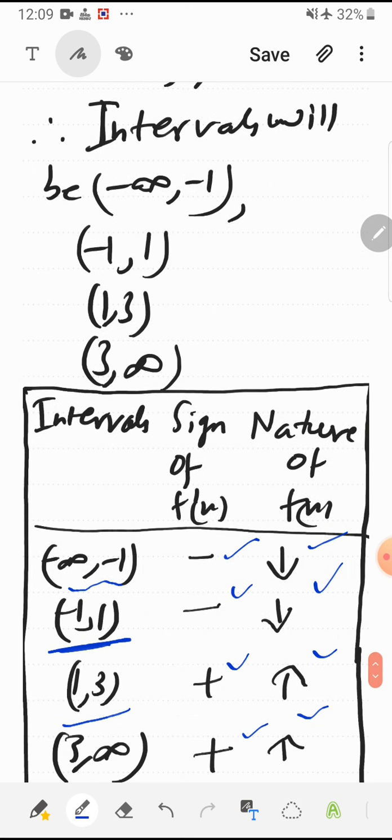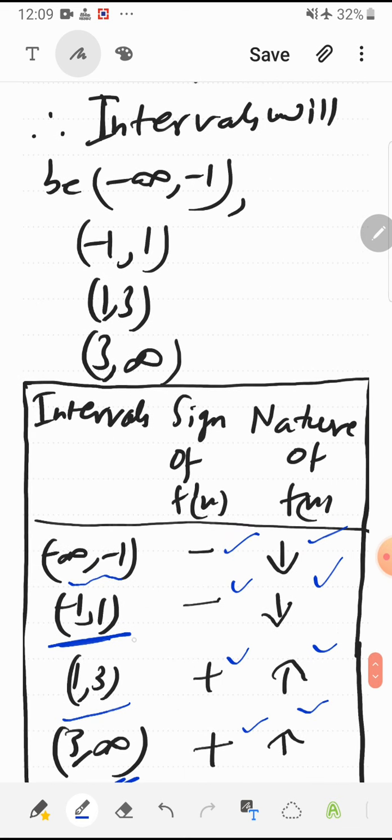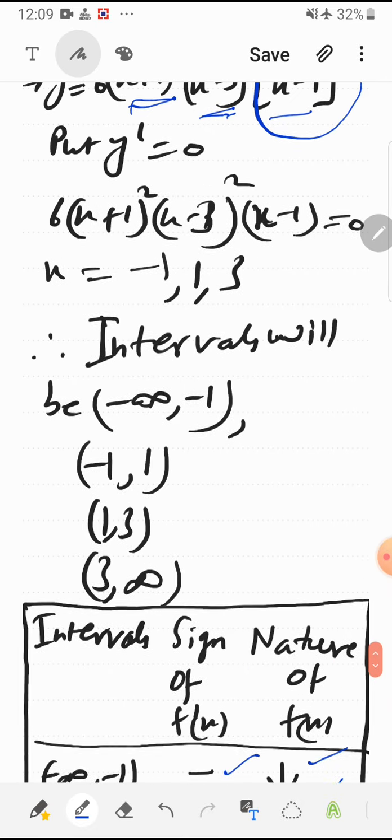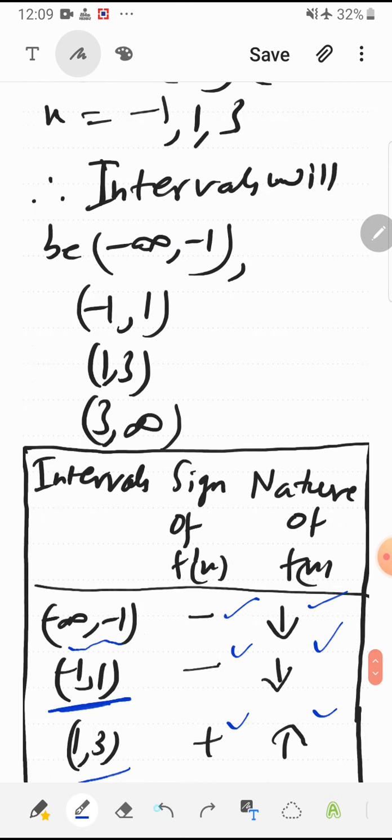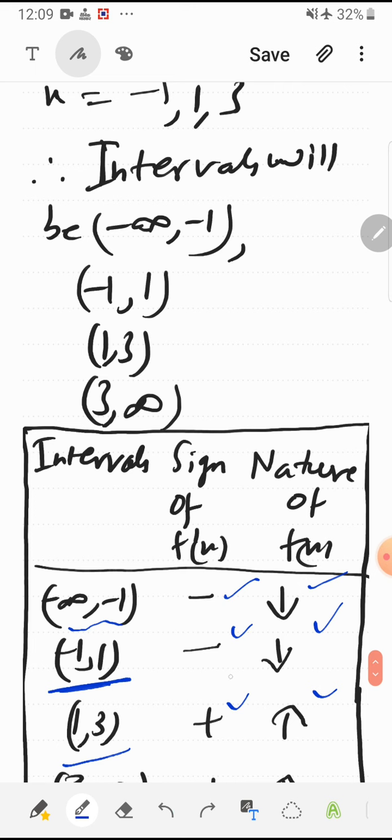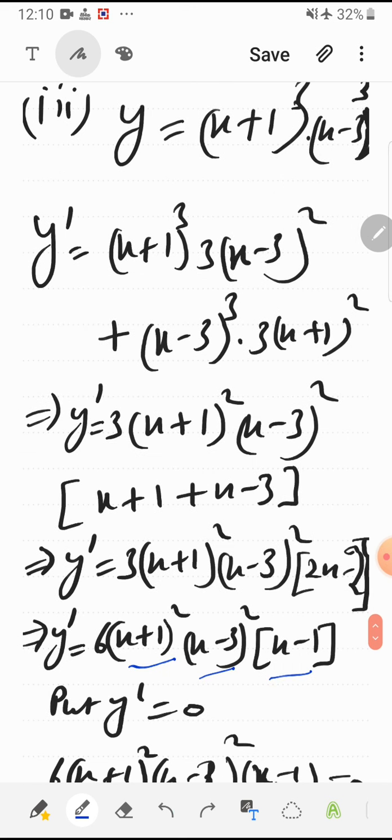If you observe the table, before 1 and after 1 the result is changing. So due to the shape of this derivative, we can say overall there are only two intervals on the basis of increasing and decreasing. So it also happens sometimes, so that is why we should remember this.